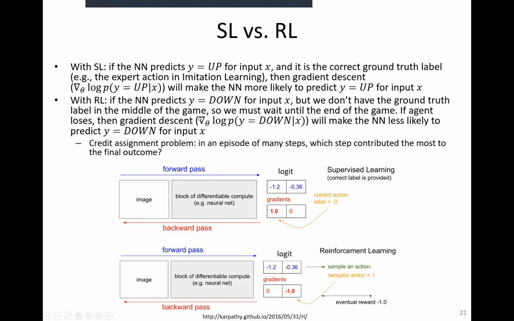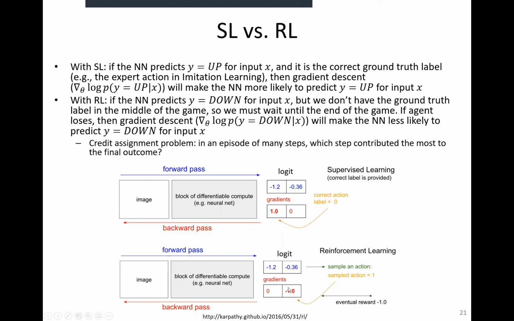But with RL, if the neural network predicts y equals down for input x, we don't have the ground truth label in the middle of the game. Unlike imitation learning, we must wait until the end of the game to get a win or lose result. If the agent loses, then gradient descent will make the neural network less likely to predict y equals down for input x.